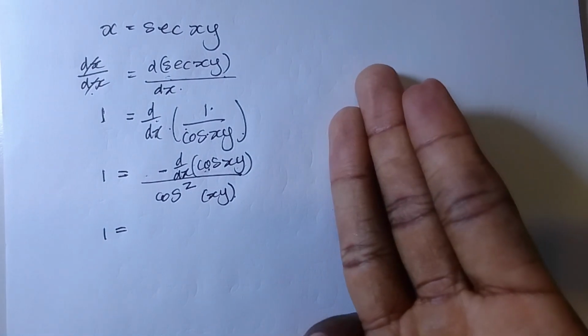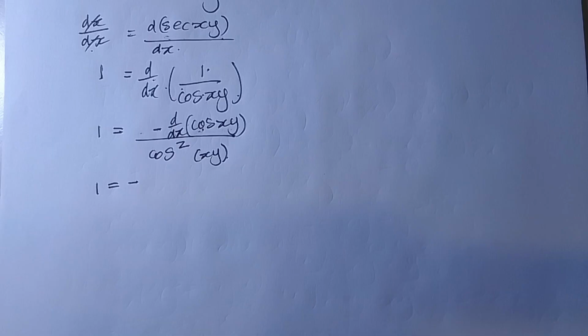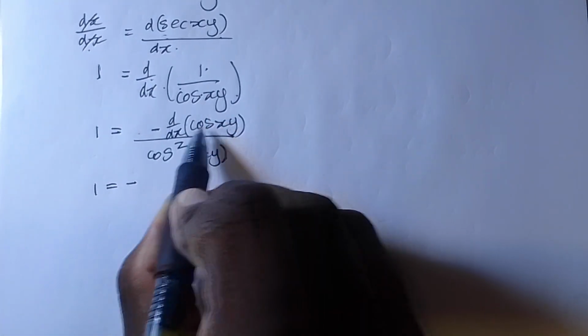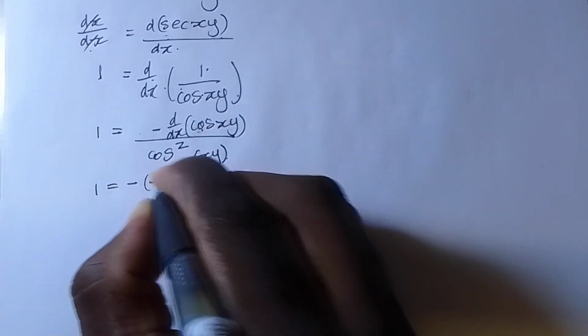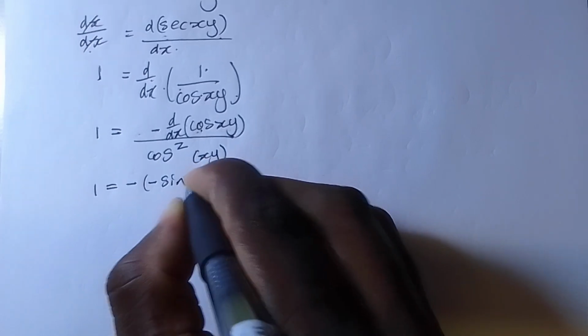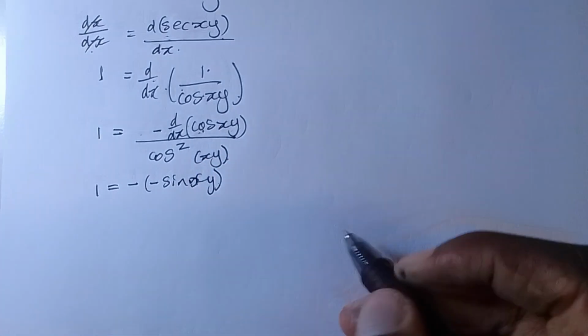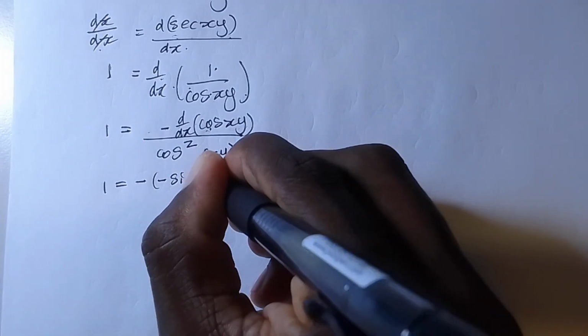It's not just a variable, it's a variable function. So we differentiate the outside, we get negative sine xy, because the derivative of cos is negative sine.